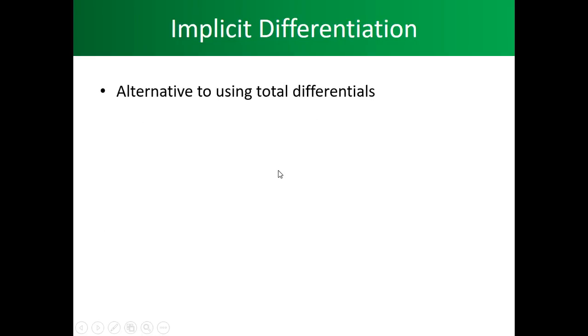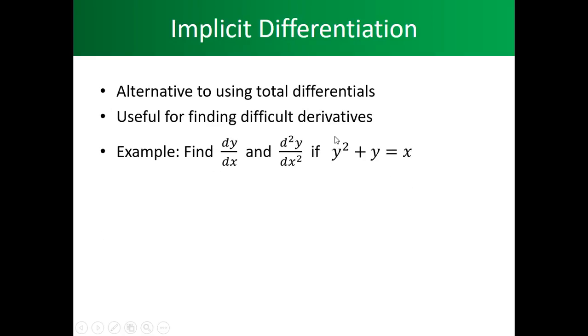Okay, implicit differentiation. So now we're moving to another way of differentiation that'll be useful to us. Alternatively, we can use total differentiation. This is useful for finding difficult derivatives, which we have seen already.